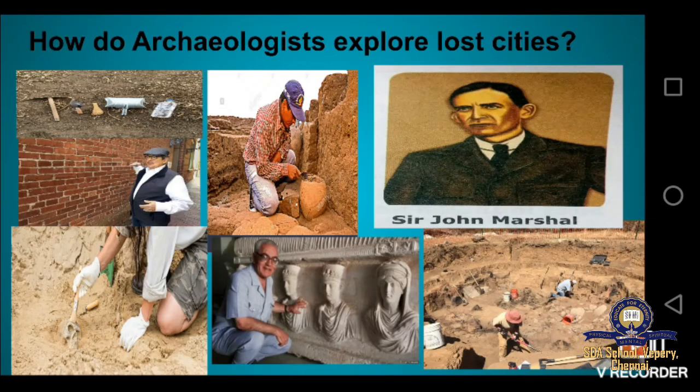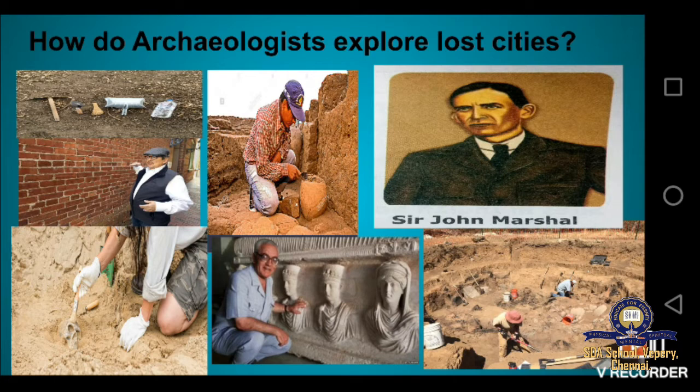So, how do archaeologists explore lost cities? They look at the bricks, how old they are, they look at the things that have fallen, like the pots. They look at the paintings on the wall, like the pictures on the wall.